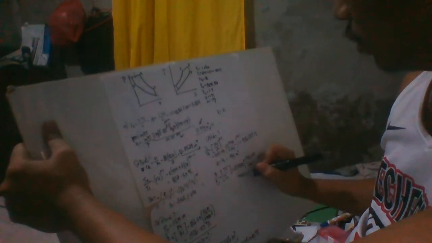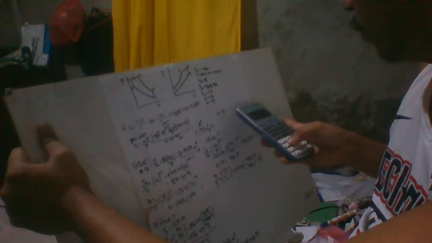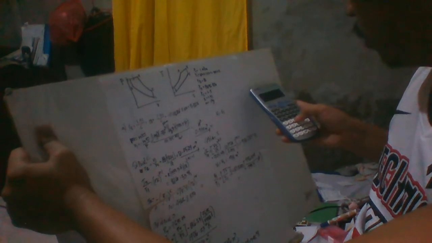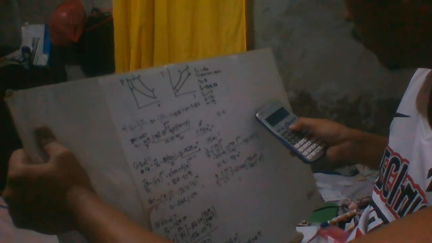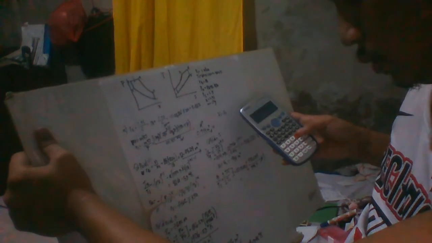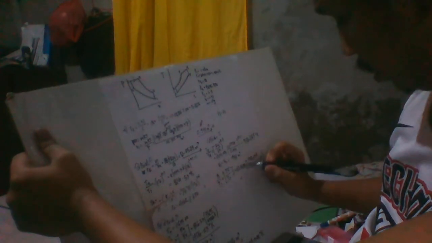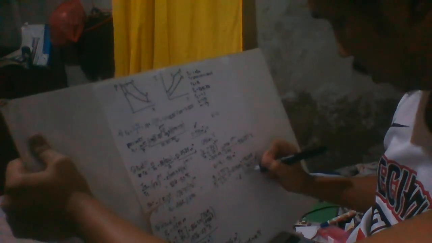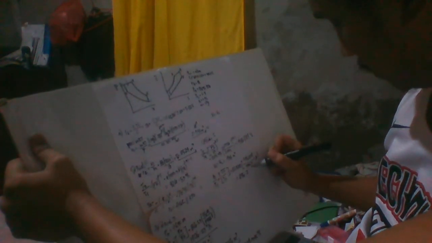So using again the calculator, 101.325 times 976.084 over 333.3, we have 296.735 kilopascal.